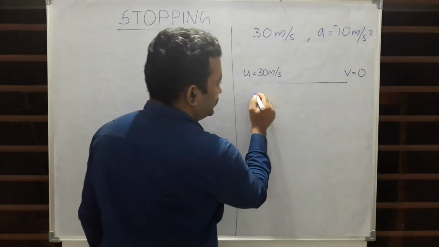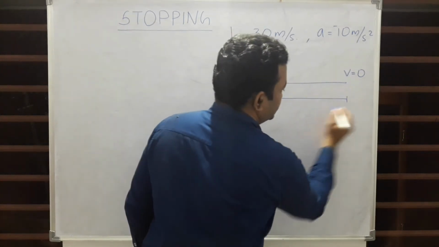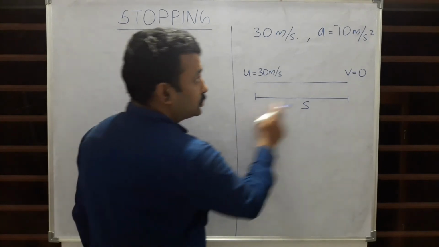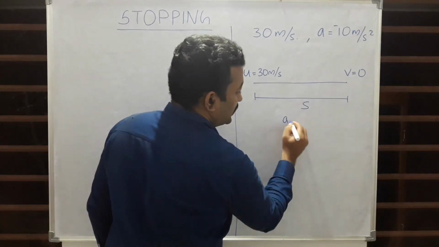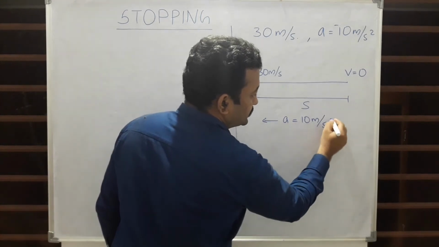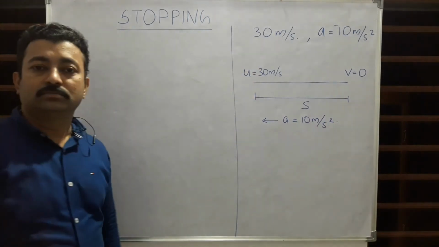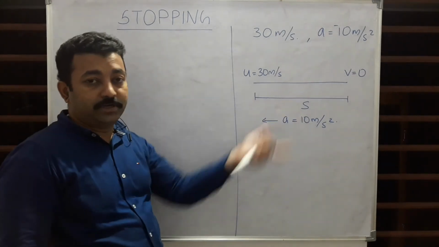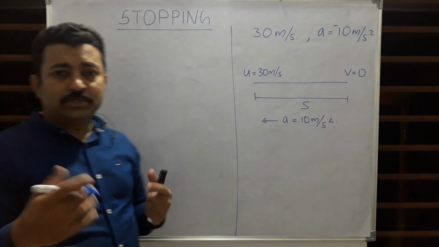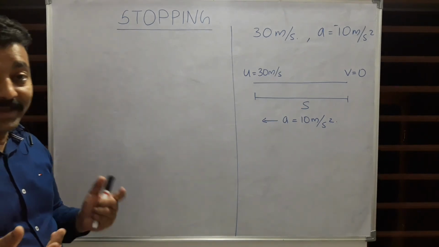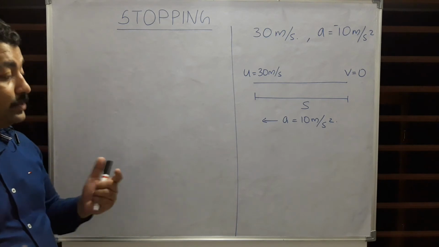I have to find the distance covered by the particle through which it was experiencing a retardation of 10 meter per second square. So S can be called as what? The stopping distance. We can solve this problem in two ways.